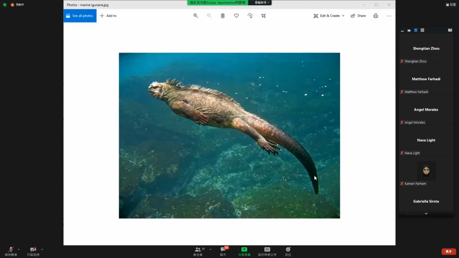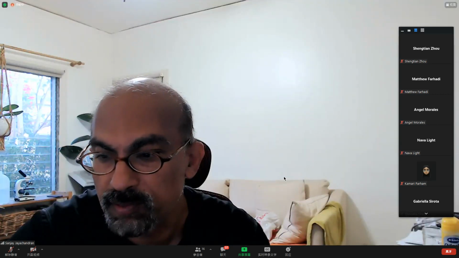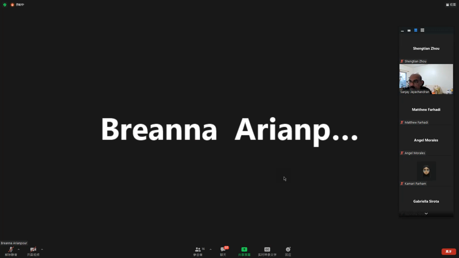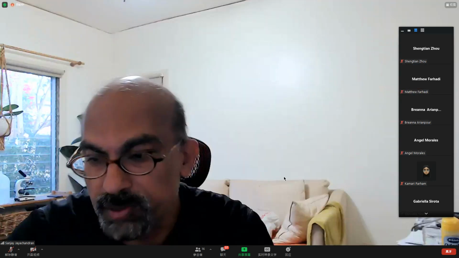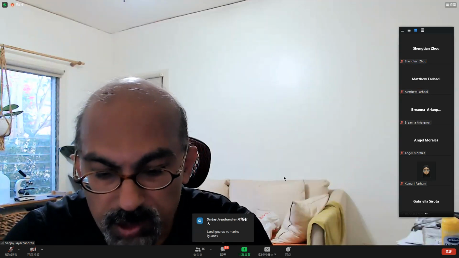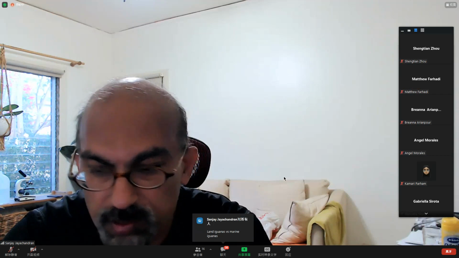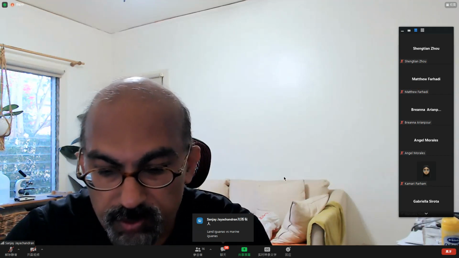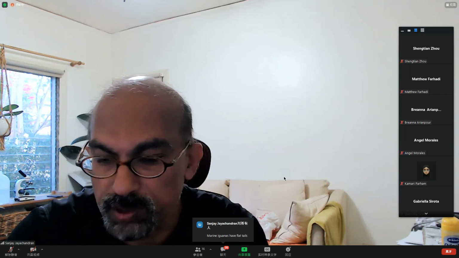Why do they have a flat tail? It helps them swim faster. It helps them swim in general, right? So marine iguanas have flat tails as opposed to round tails. It's an adaptation for swimming.